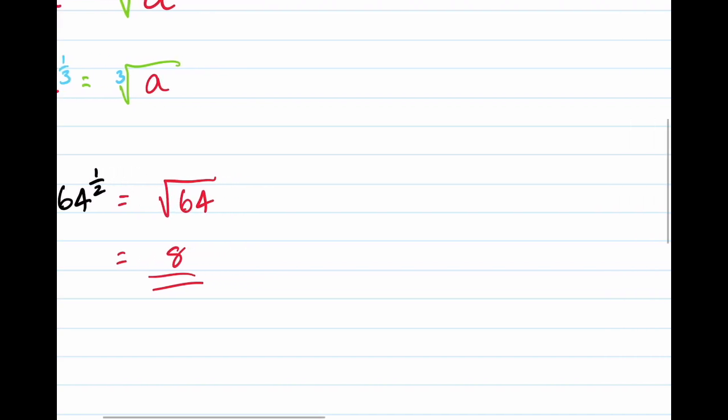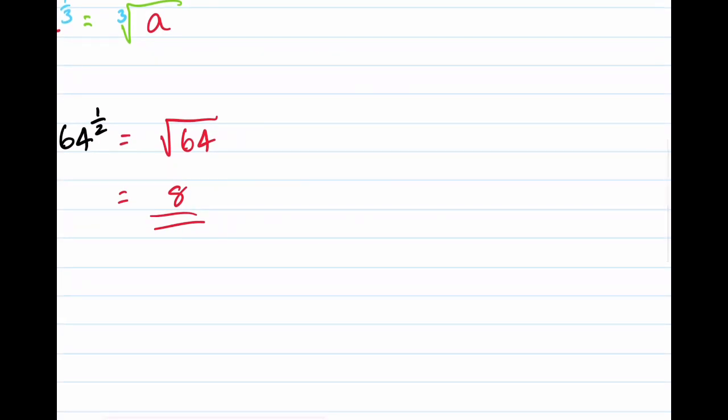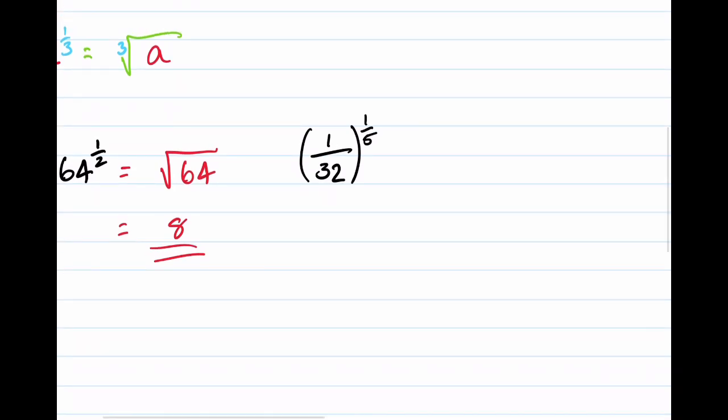What if our base is a fraction? Well, let's try 1 over 32, all raised to the power of 1 over 5. Following our same example here, we're going to take our base, which is 1 over 32, and we're going to take the 5th root of 1 over 32.